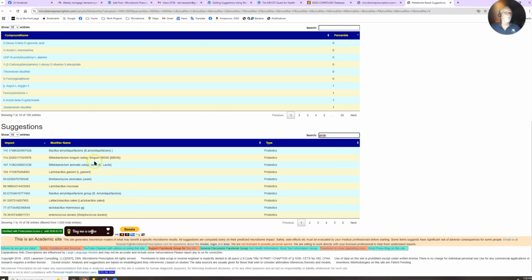For example, bifidobacterium, animalis, Lactobacillus gasseri. And actually, for this person, Lactobacillus gasseri often shows up on the traditional bacteria-driven suggestions. So it's not a particularly great surprise. It's somewhat reassuring that this way of going through things also shows it, which is so nice.